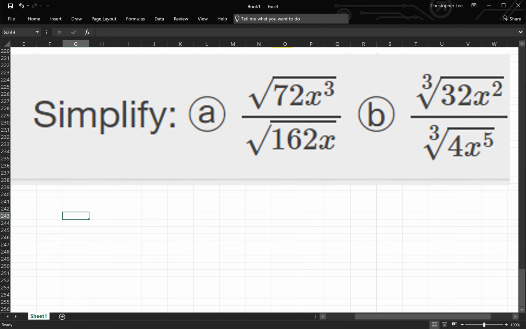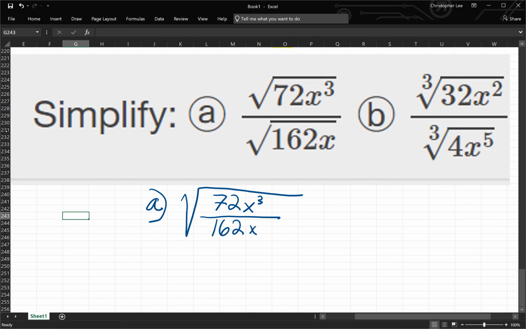Rather than have two separate square roots, I could write this under one big square root: 72x to the third over 162x. And now I can reduce the inside of it. Reduce the fraction on the inside and leave the radical.